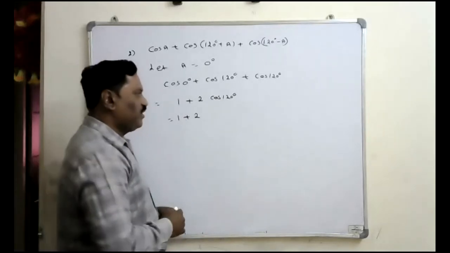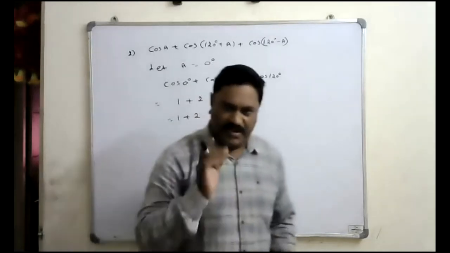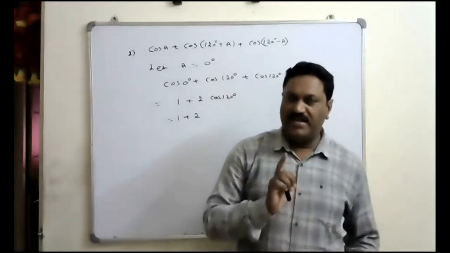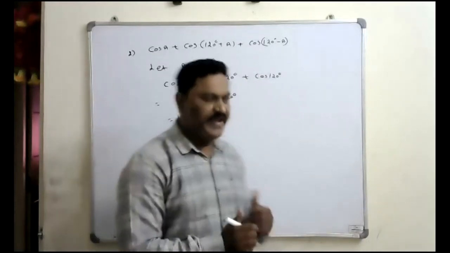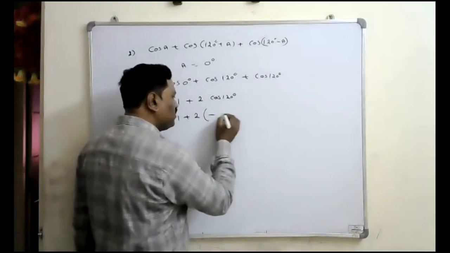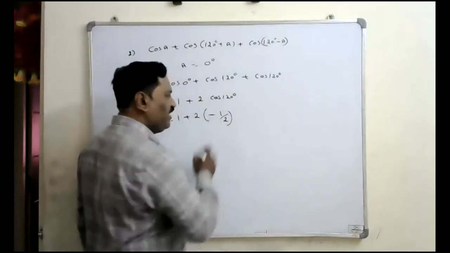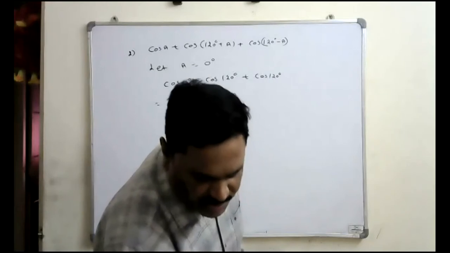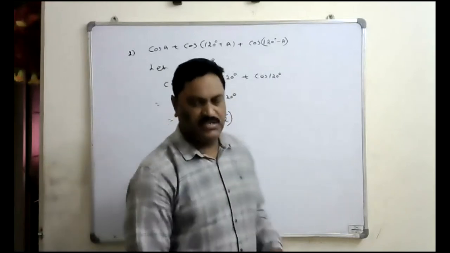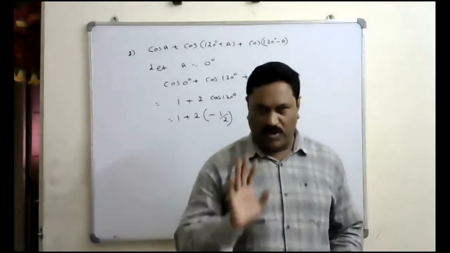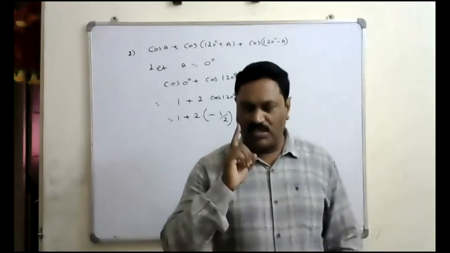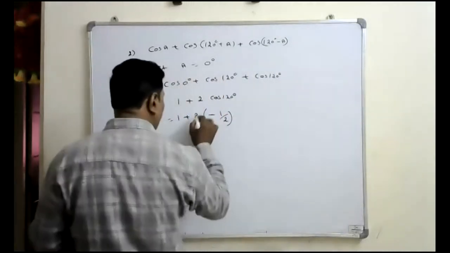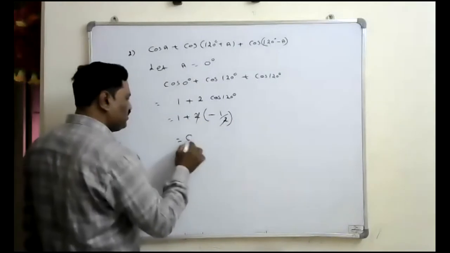Because 120 degree we can write as 180 minus 60, that is an angle of the second quadrant, where cos is negative. Thus you get minus cos 60, where cos 60 is 1 by 2. This is also one of the standard values, remember that. In physics and mathematics we use the value of cos 120, which is minus 1 by 2. So 2 gets cancelled, 1 minus 1 which is 0.